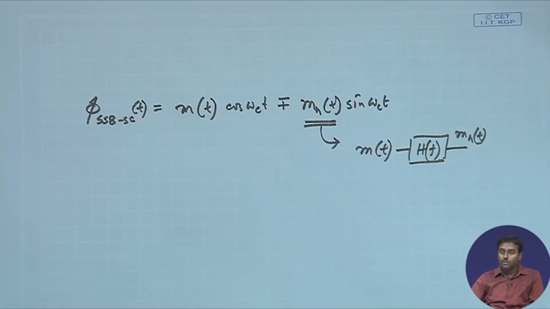Okay. So all we have to do is take the signal, do a Hilbert transform, multiply the original signal by cos omega_c t and the Hilbert transformed signal by sin omega_c t, and through an adder, either add or subtract. Accordingly, you will get your overall representation of upper sideband or lower sideband.